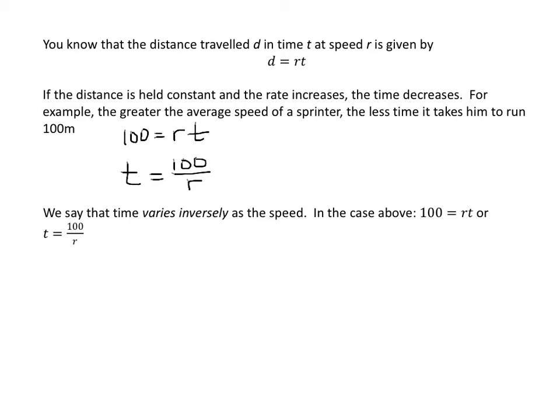And one thing about this particular function is that this time will never actually be 0. Even if you move at light speed, there is some amount of time, even if it's slightly minute. So it will never actually be 0. So we say that time varies inversely as the speed, which is what I've got here.